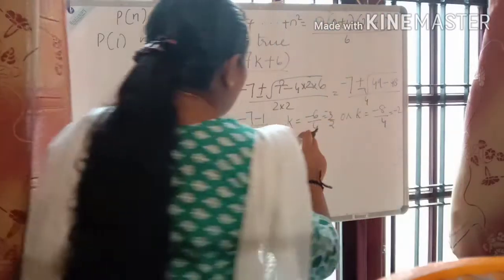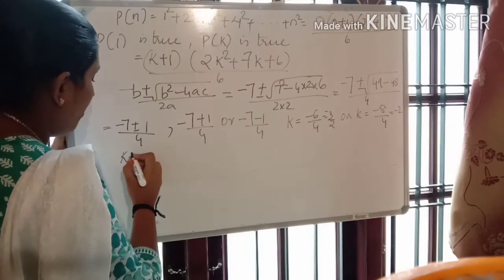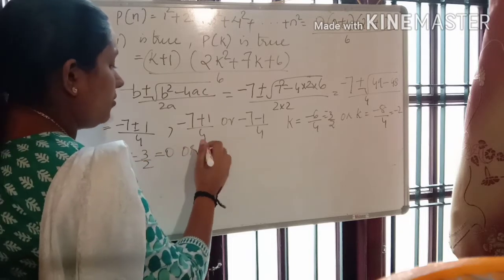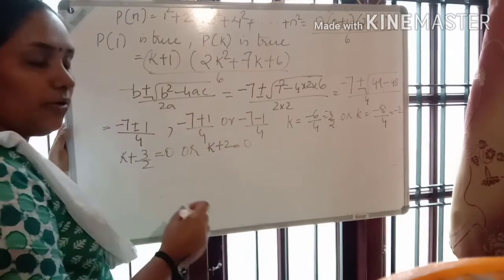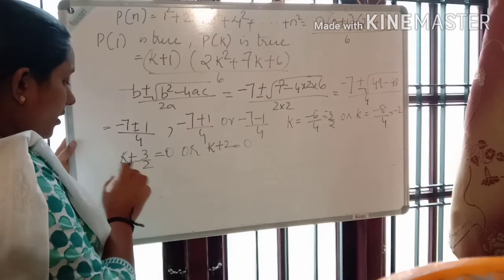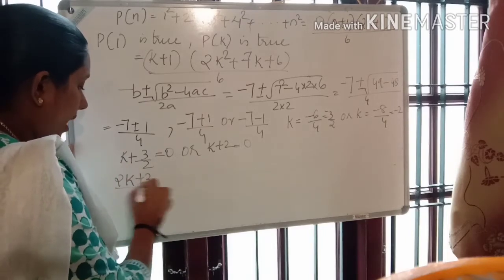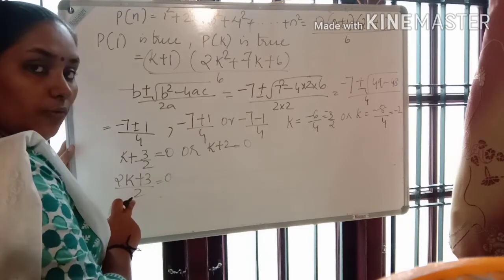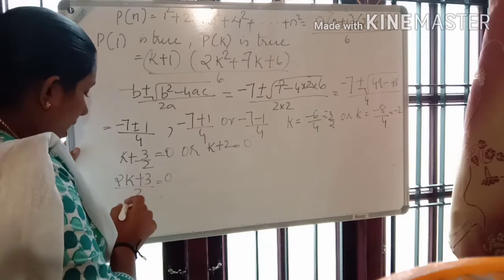So from this we will get K plus 3 by 2 equal to 0 or K plus 2 equal to 0. Okay, right. See here, just take the LCM. 2K plus 3 by 2 equal to 0. So we can move this 2 to after the equal to sign.